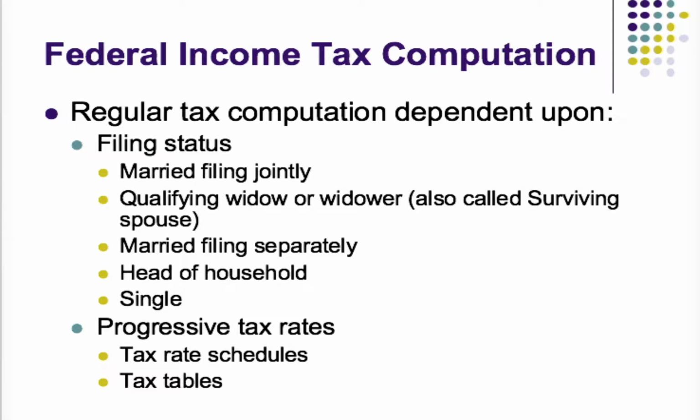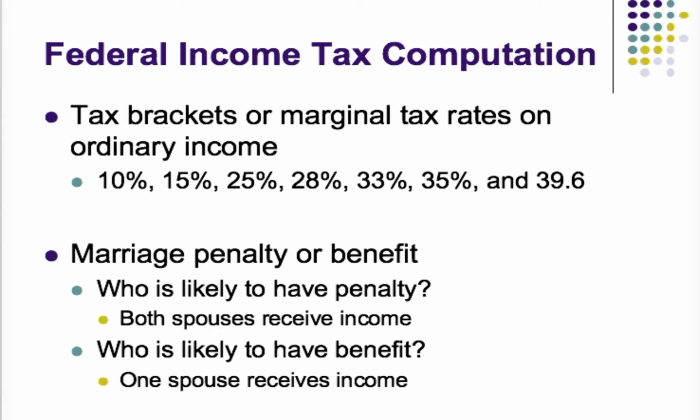And we've talked about these characteristics already, but when we talk about the actual tax computation, these are some of the things that we want to take into consideration first.